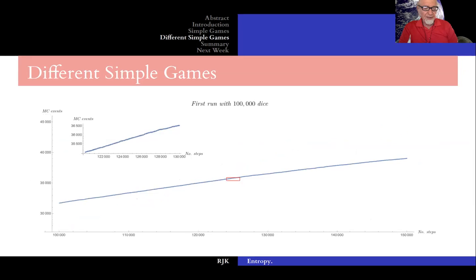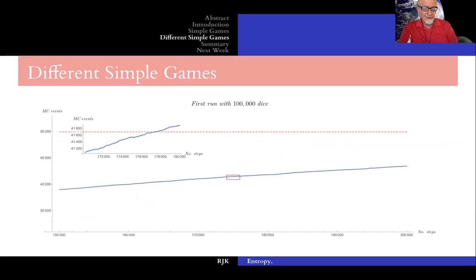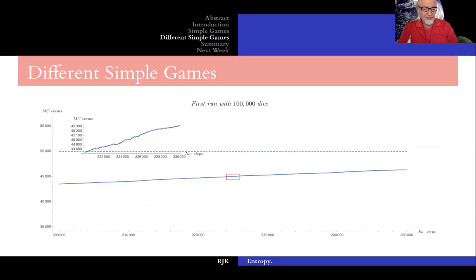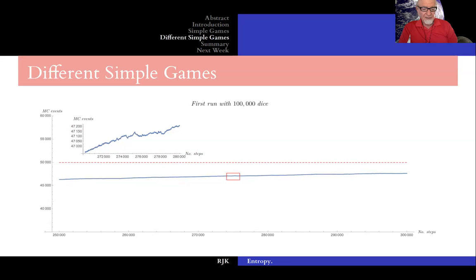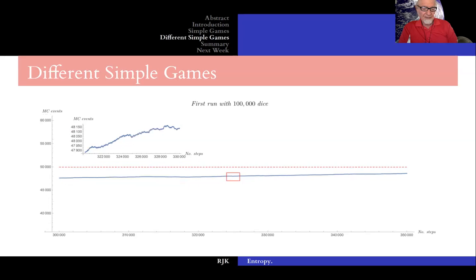As you keep going, the number starts heading towards the equilibrium rate of 50,000, and the little red square shows that it's not as smooth as it looks.